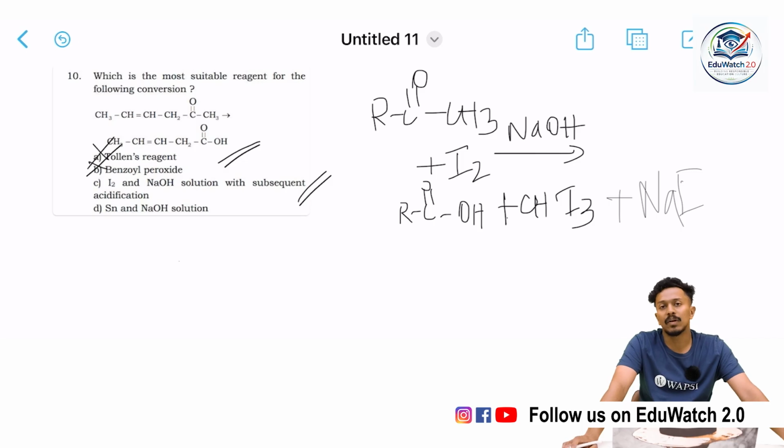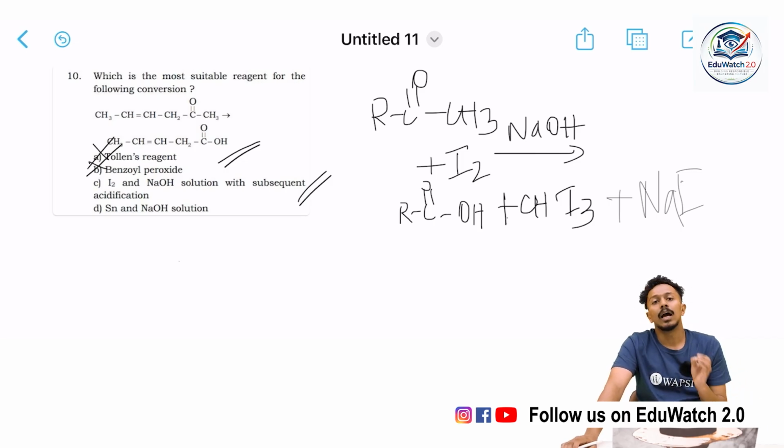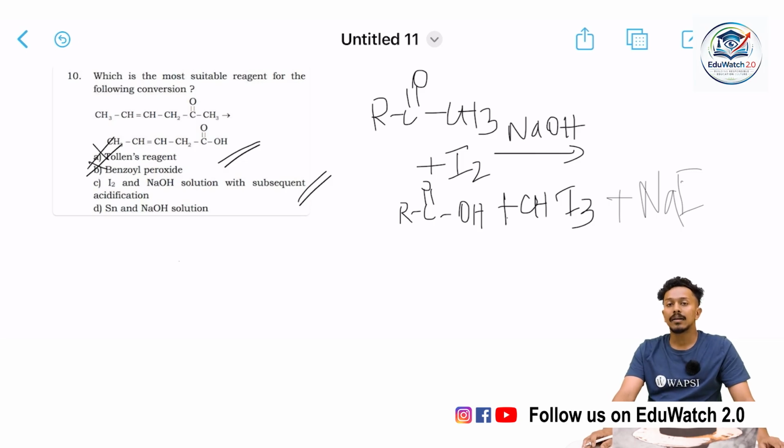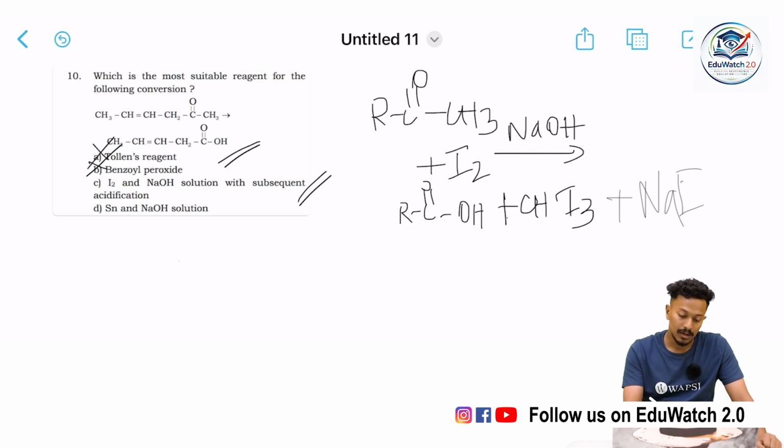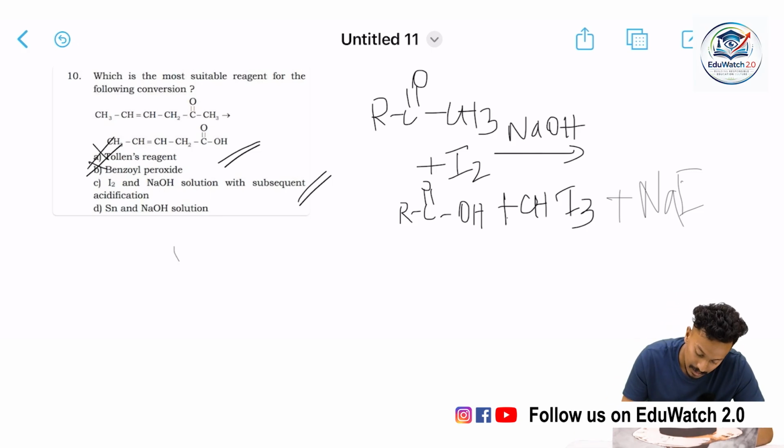We have earlier studied that a carbonyl compound containing a methyl group adjacent to the carbonyl carbon is called a methyl ketone. Whenever a methyl ketone is present, we treat it with iodine along with an alkali like sodium hydroxide to form a carboxylic acid. So this reaction is namely the haloform reaction.